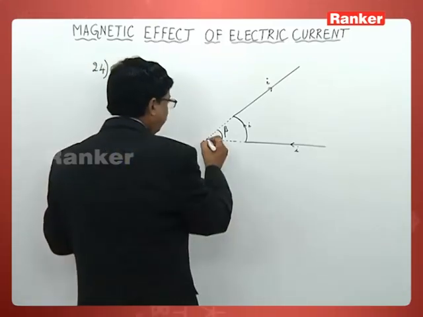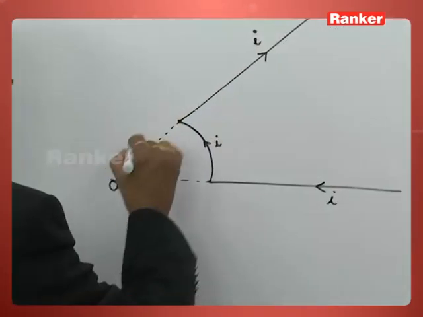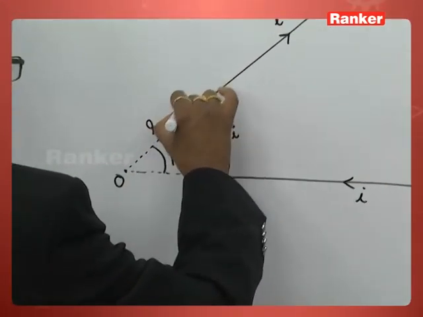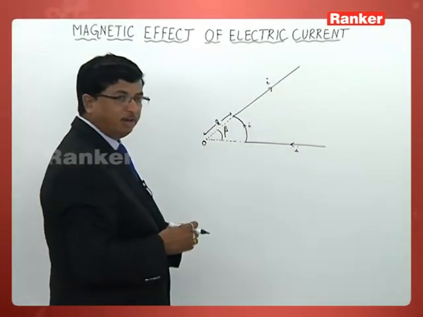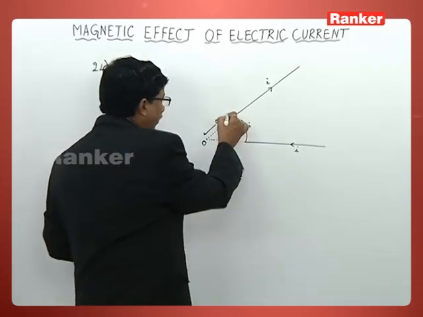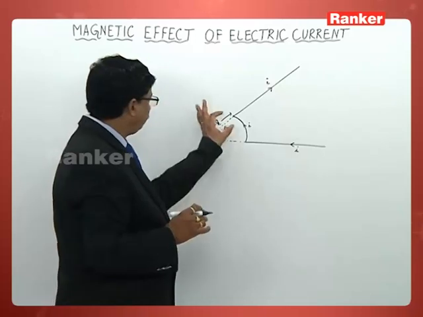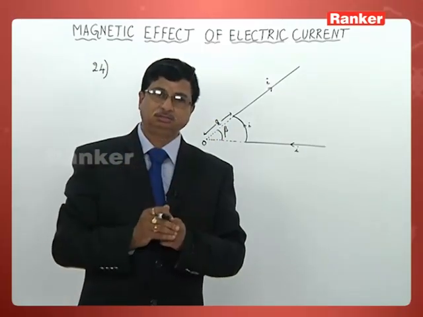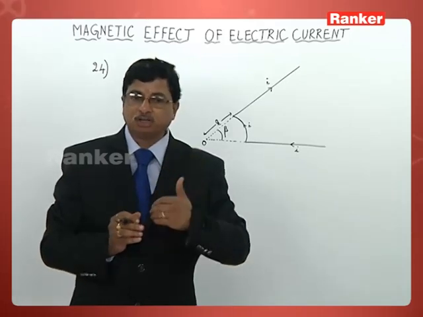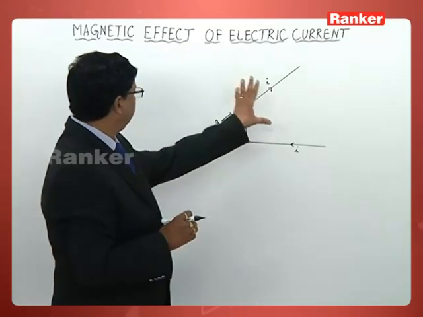Another thing he has mentioned is the distance from this curved part to this point, that's given as r. In fact, you can certainly understand r is going to be the radius of the circle, of which this small portion is a small arc. So that is what he is talking about. So the figure has been given this way.